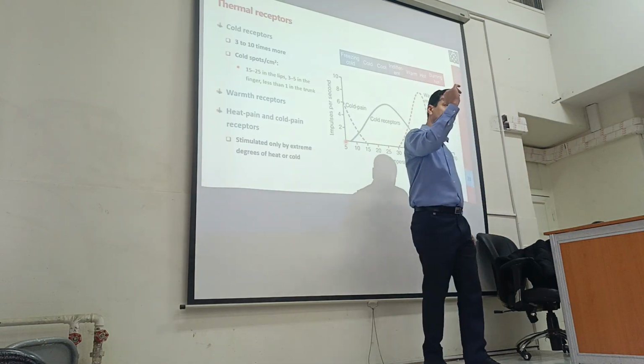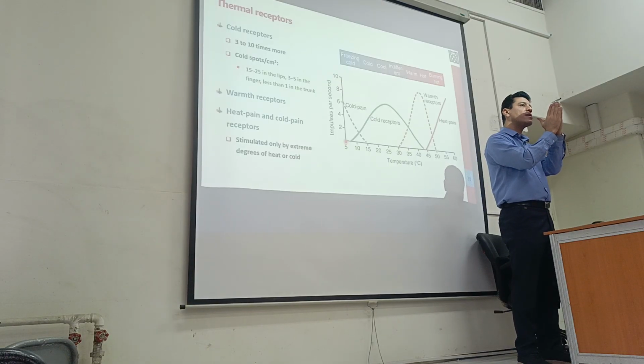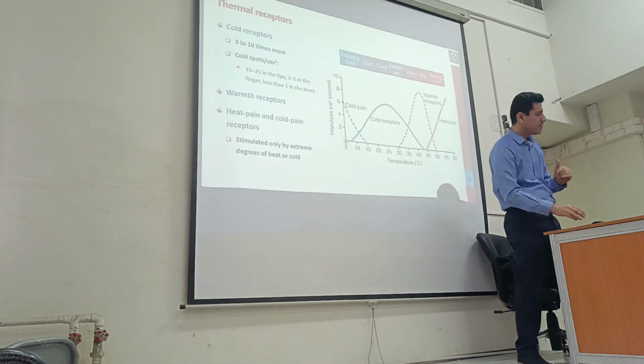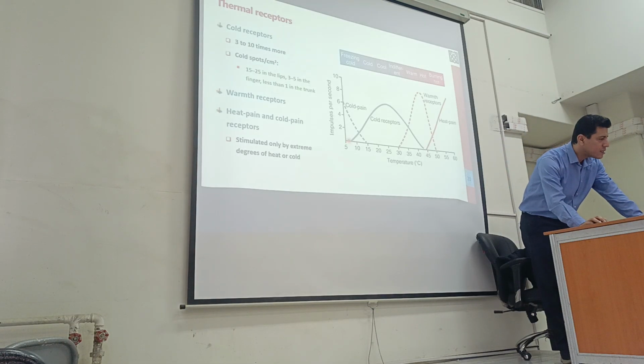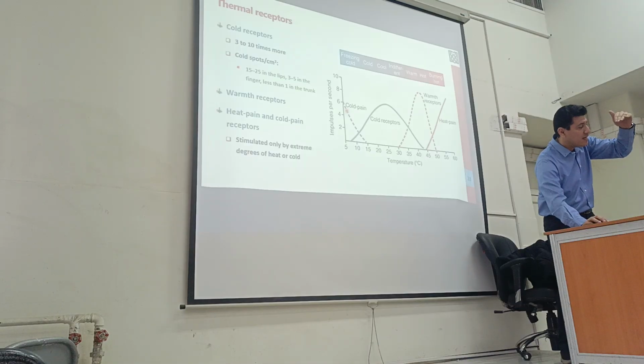So it's highly active. Then imagine that temperature in the skin reaches 6 degrees Celsius, a little more, right? So at 6 degrees Celsius, the cold pain receptor is again active, but lower, less, right?